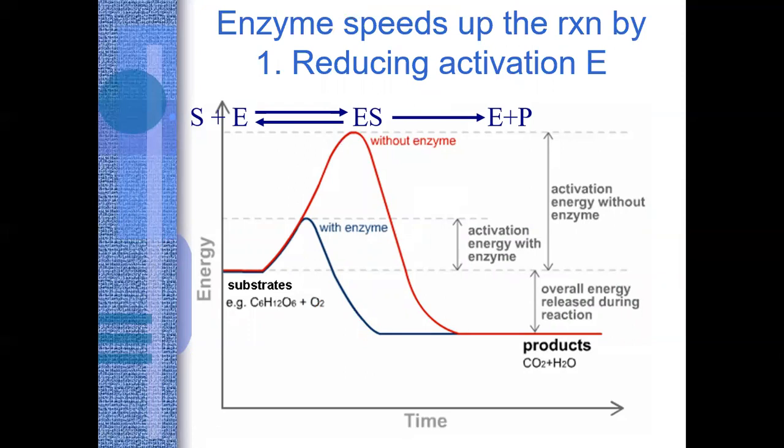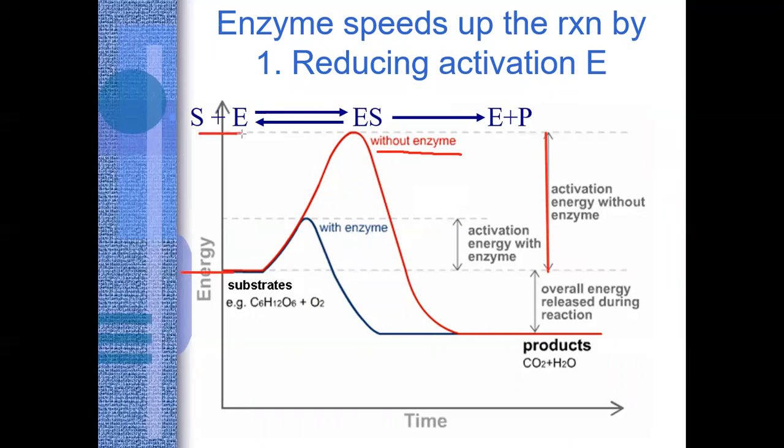All right. So why can an enzyme catalyze a reaction? Why can an enzyme speed up the rate of reaction? Number one, it will hold the substrate in the right position for the reaction to take place more easily, so it's faster. Number two, it will reduce the activation energy. So from here, without enzyme, this amount here, from the original energy of the substrate up to this, is called the activation energy.